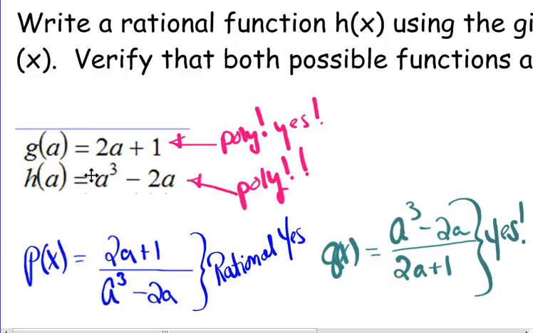My reasoning is that my numerator met the qualifications for a polynomial, and my denominator is a polynomial because it met the definition of a polynomial. And both the numerator and denominator being polynomials means I have a rational function.